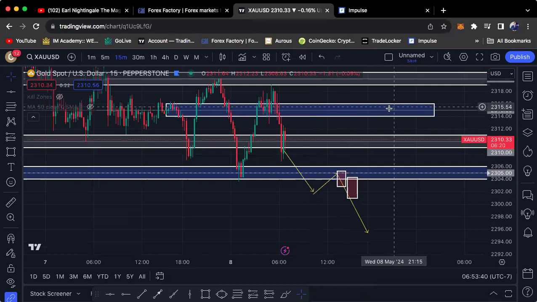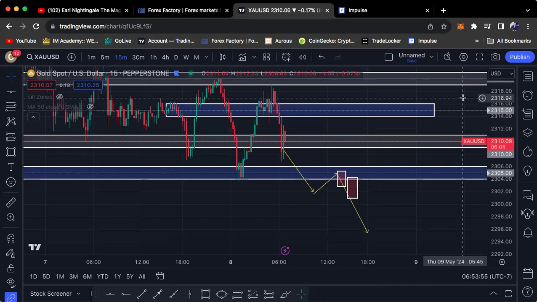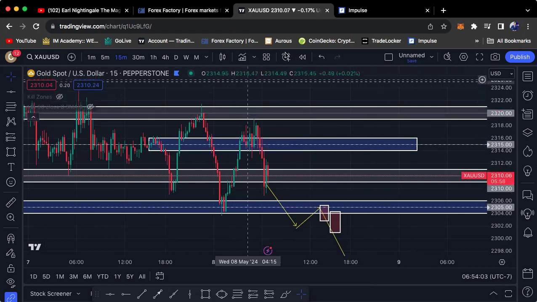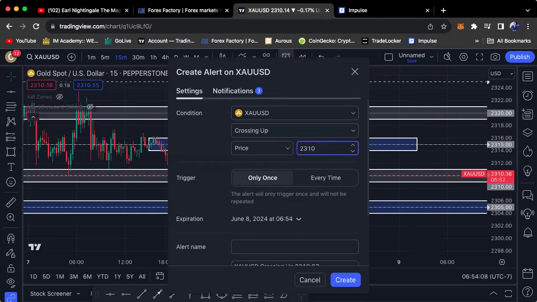I'm going to enter an alert at 2315 as well, crossing up 2315, to notify me if it hits this zone here, and then another zone at 2320, crossing up 2320, to notify me here.